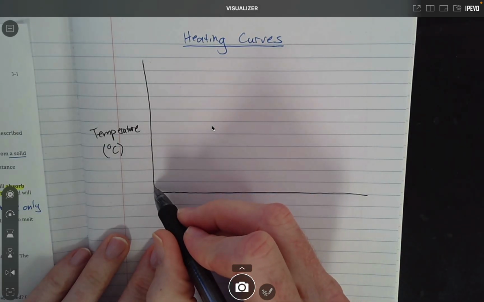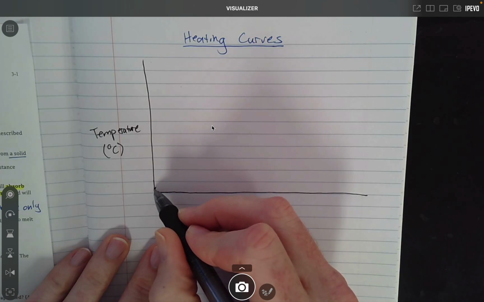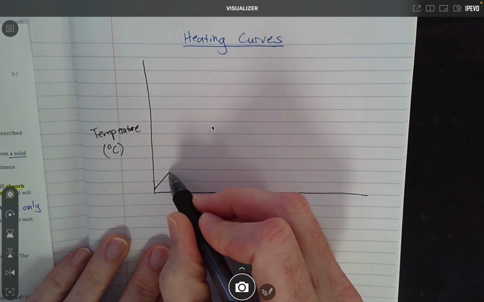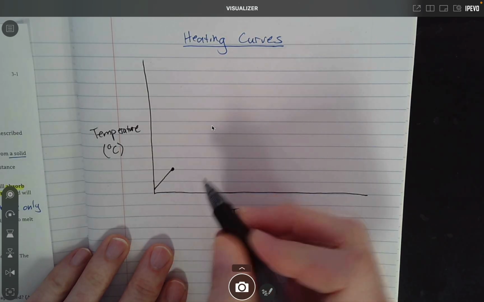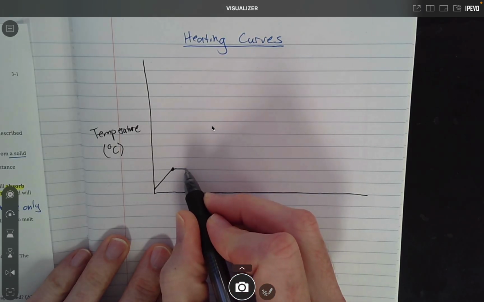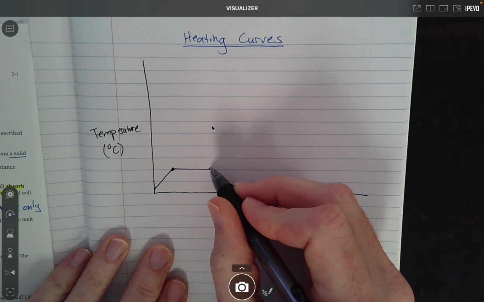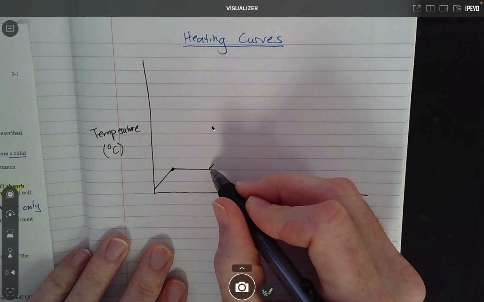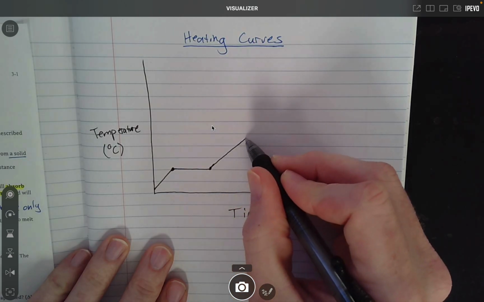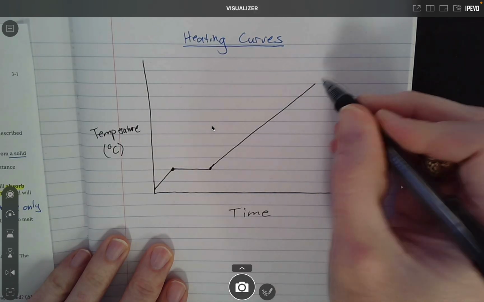Now, I want you to take that, and so we noticed that we had something at a somewhat steep curve, and then it got to here, and then we stopped, and then we got a small flat plateau. It was right here. And then we noticed a different slope of a curve until we got to about here.